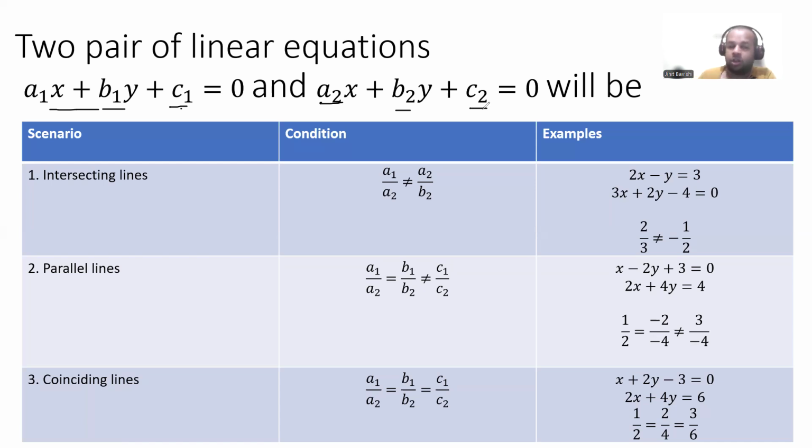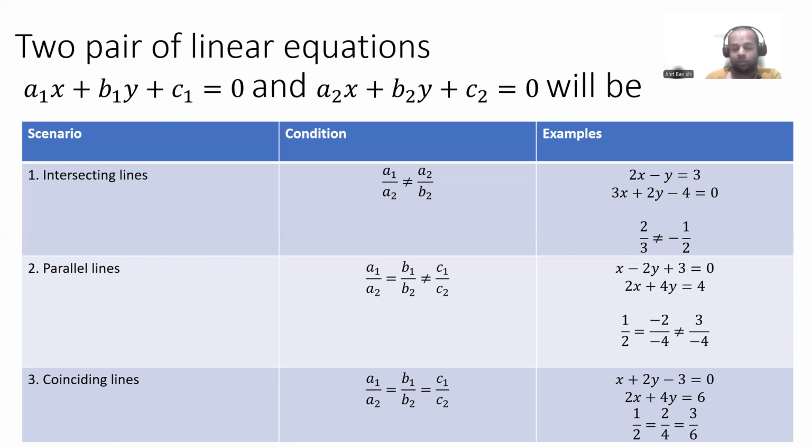What we do is we look out for the coefficients. A1 is the coefficient of x in the first equation, B1 is the coefficient of y in the first equation, and C1 is the constant term of the first equation. Similarly, we have A2, B2, and C2.